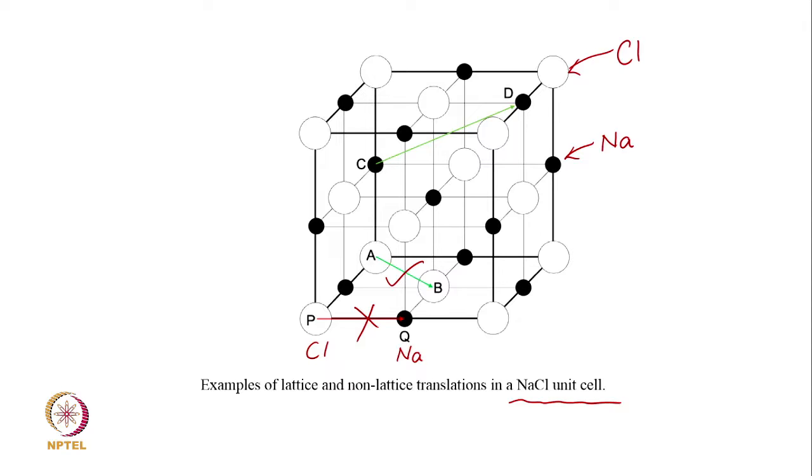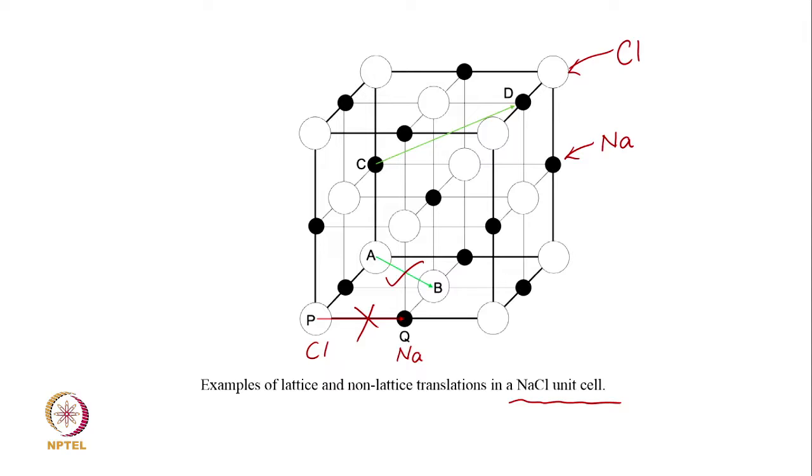It may not always be that if chemically same atoms or ions are being connected, that has to be a lattice vector. We will see examples. Sometimes chemically same elements may be locally in different configurations, so they may not be forming an identical site.